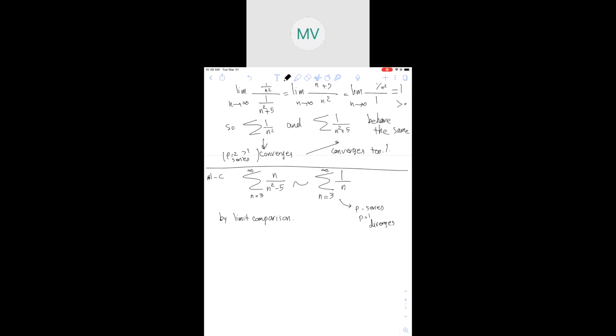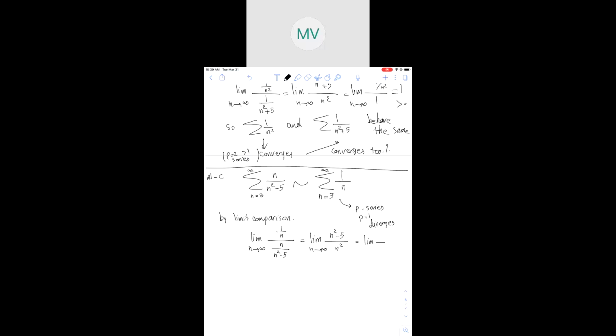again, it doesn't matter which one you put on top and bottom. So the limit of 1 over n over 1 over n squared minus 5, as n approaching infinity. And so if you multiply by the reciprocal, you'll see it's going to be n squared minus 5 divided by n squared as n approaches infinity.